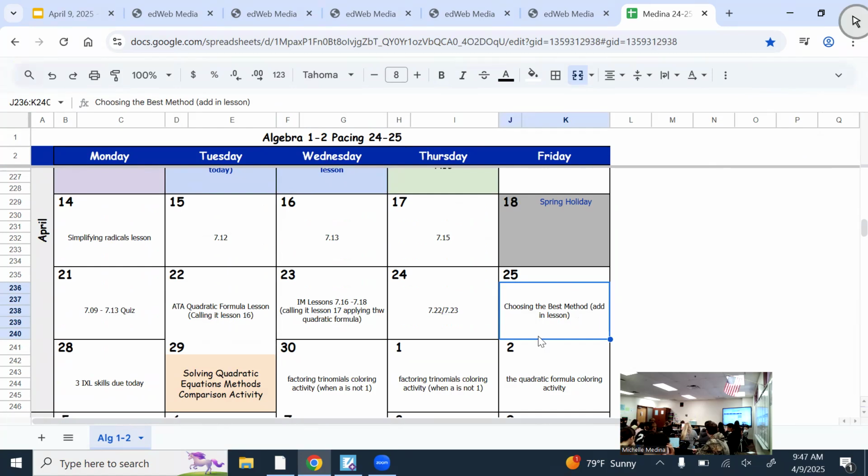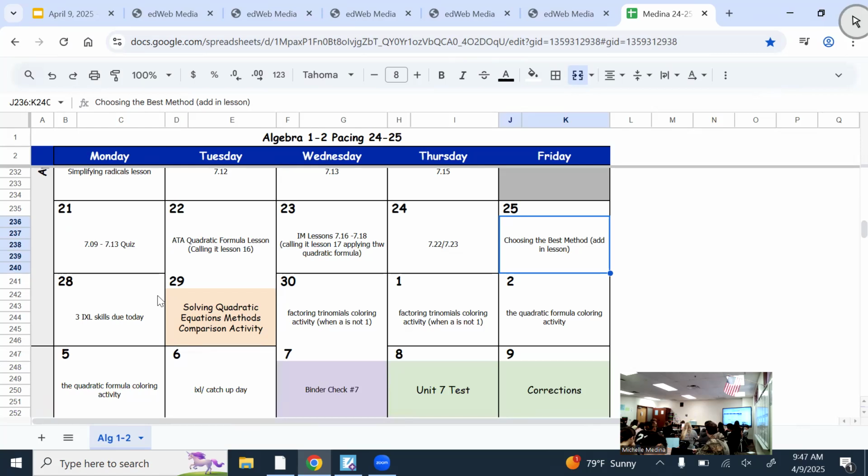The unit test is not until May 8th though. So there's this whole week of project/assessment points that could also really impact your grade.